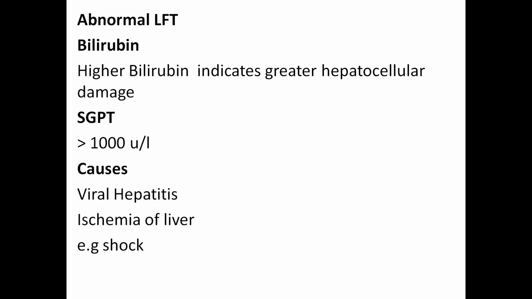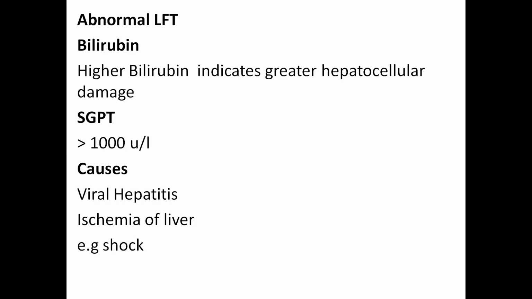Now, abnormal LFT. When we advise LFT, LFT usually shows three things: bilirubin, SGPT, and alkaline phosphatase. So bilirubin may be raised in hemolytic anemia.